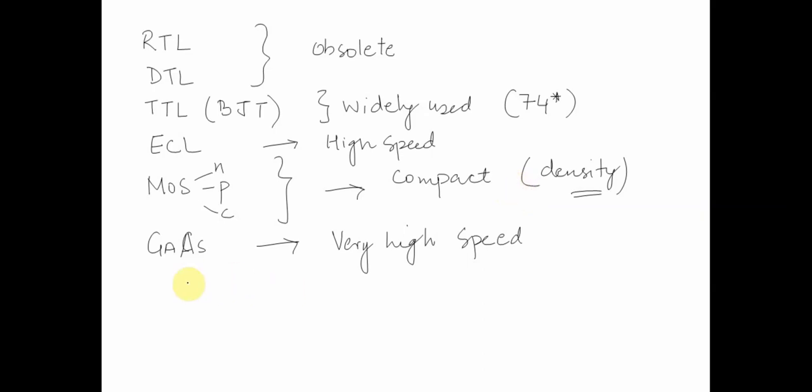For that we already spoke about four different characteristics which help us decide which family we want to use, and those characteristics were, if you recall properly, fan out, propagation delay, noise margin, and total dissipated power, right?